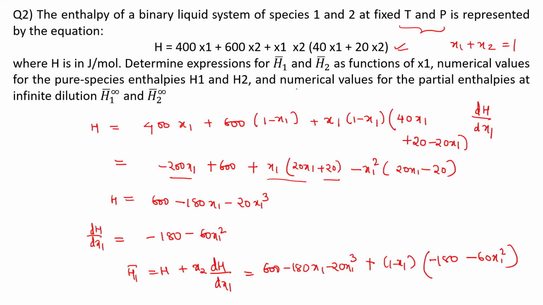So our first objective has been done as functions of x1. So we have numerical values for the pure species enthalpies h1 and h2, and numerical values for the partial enthalpies at infinite dilution, h1 infinity and h2 infinity.